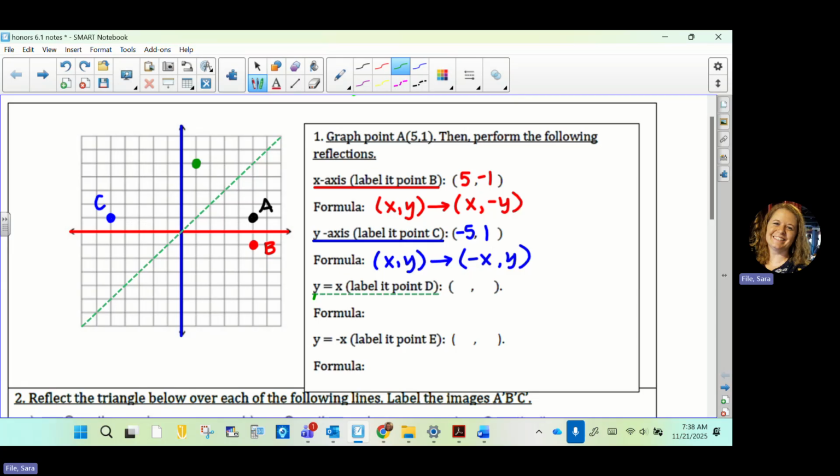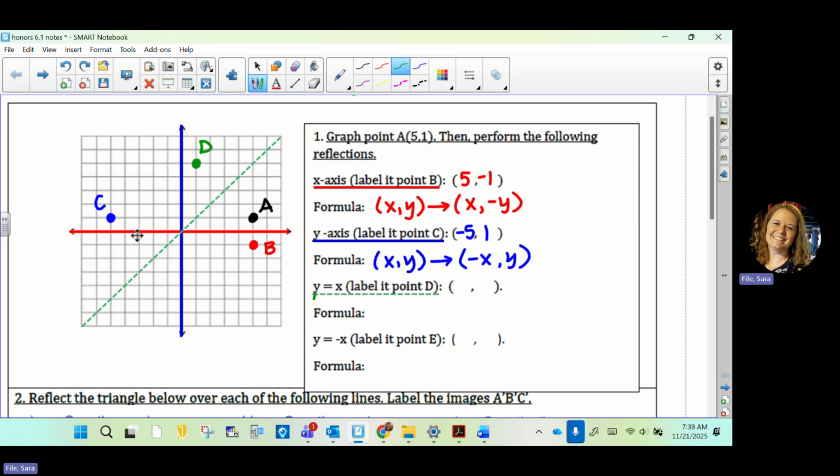Think of these lines that we're reflecting across as your line of symmetry or line of reflection. If you were to fold along that line, the points would match up. So I'm going to label that as point D. If I were to fold this over this green dashed line, D and A would touch.